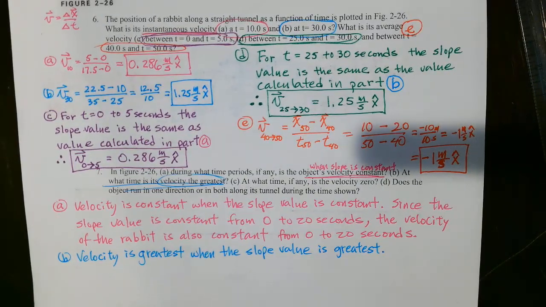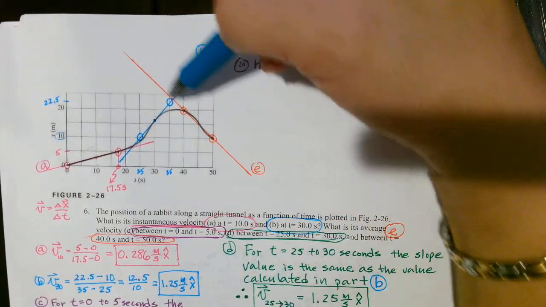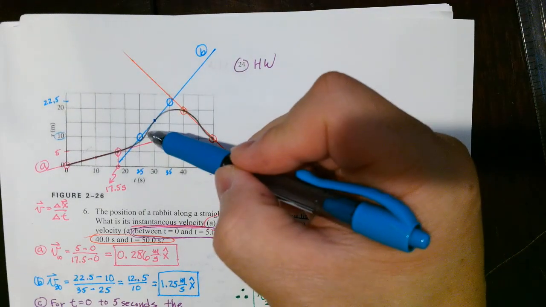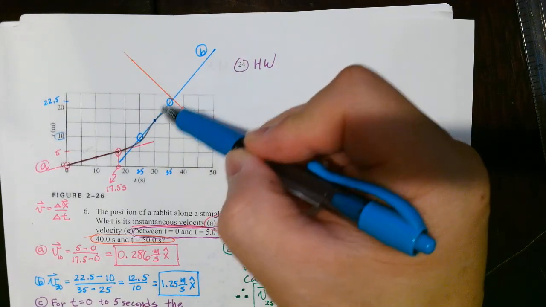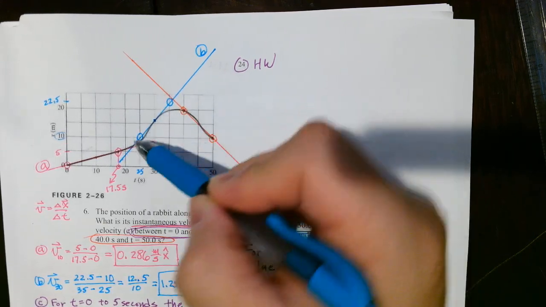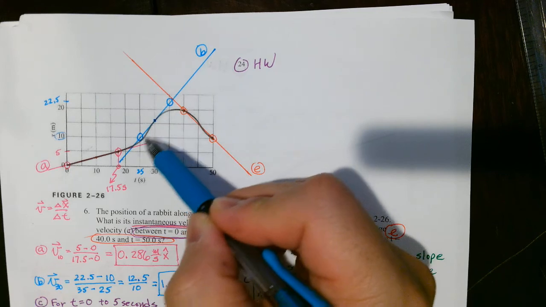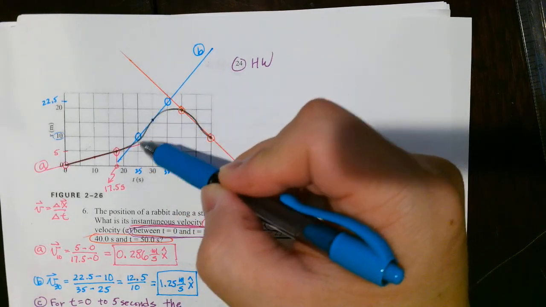If you look at this, this looks pretty steep compared to this. But if I look at 27 seconds, that tangent line is steeper than at 30 seconds. Here it's not as steep at 26, but at 27 and 28, it looks steeper.